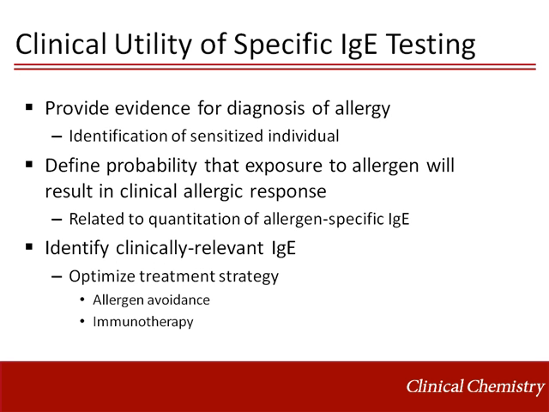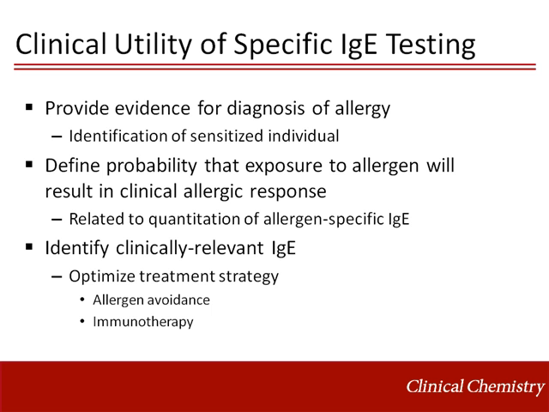The clinical utility of specific IgE testing is to provide evidence to support the diagnosis of allergic disease through the identification of a sensitized individual. Although the presence of an allergen-specific IgE does not absolutely establish that exposure to the allergen will result in an allergic response, it does define a certain probability that a response may occur.